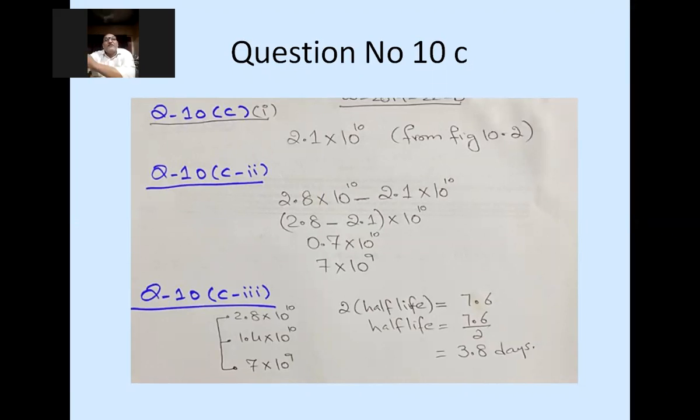So subtract them, take 10^10 common, 2.8 minus 2.1 will be 0.7 x 10^10. I will convert it into standard form, that will be 7 x 10^9. So how many radon nuclei are still there? 7 x 10^9. A little tricky question.